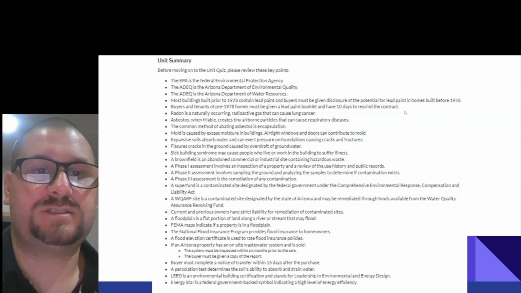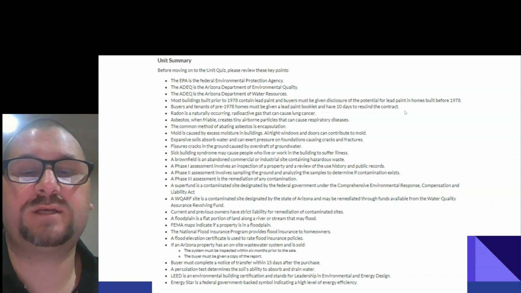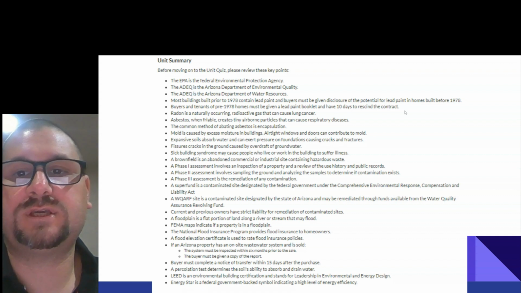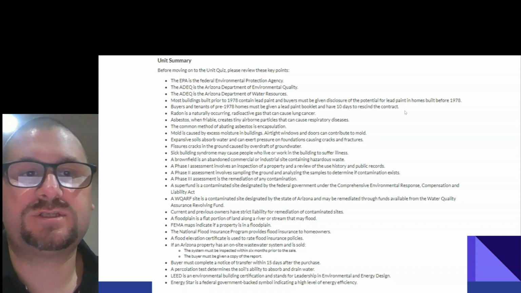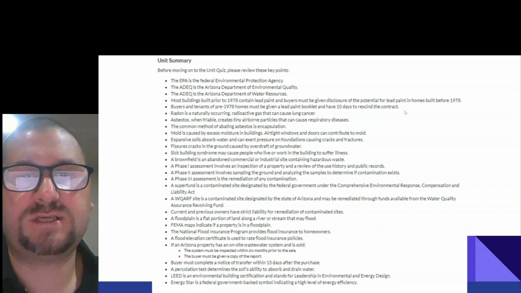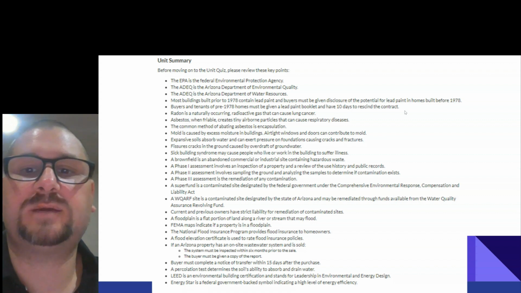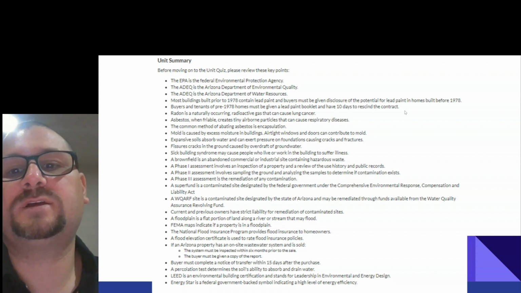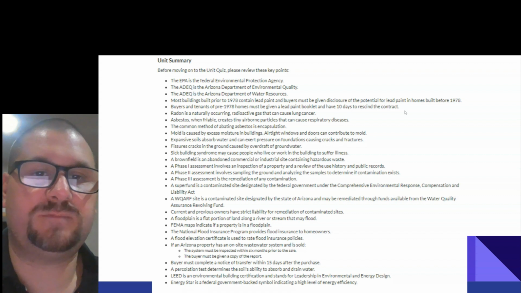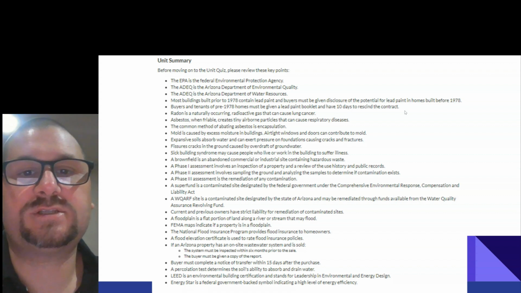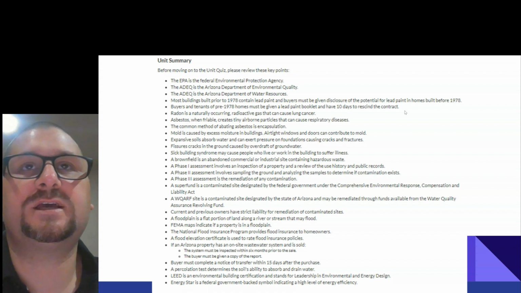A phase one assessment involves an inspection of a property and a review of the use history and public records. A phase two assessment involves sampling the ground and analyzing the samples to determine if contamination exists. A phase three assessment is the remediation of any contamination.